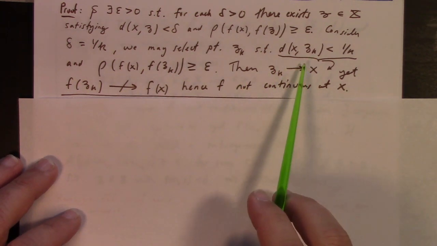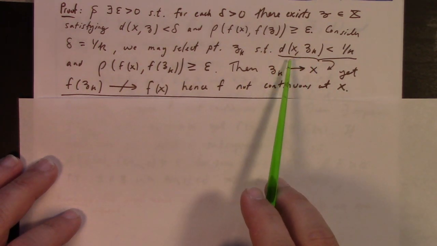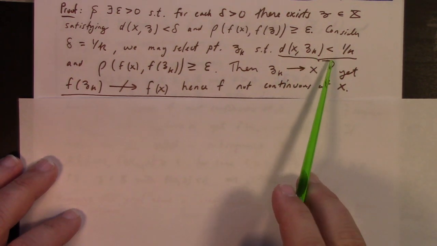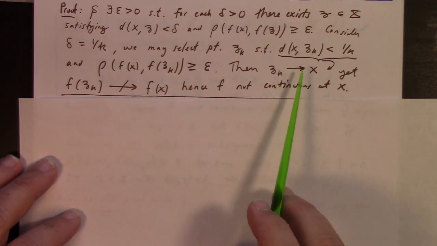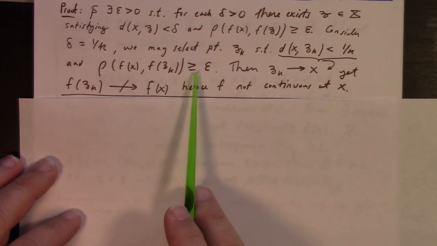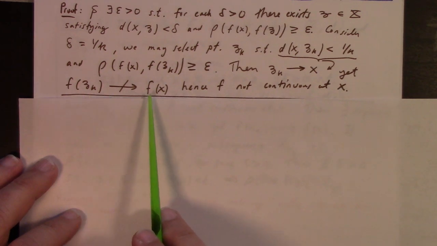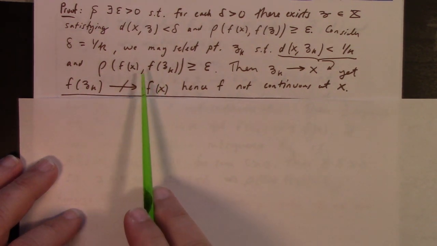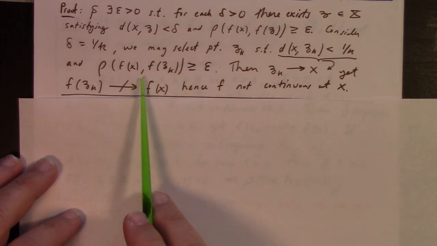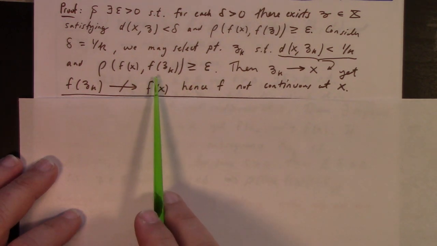Then clearly z sub k converges to x, because as k goes to infinity, 1 over k goes to 0, which means the distance between x and z sub k goes to 0, which is to say that z sub k goes to x. And yet, because of this criteria, f of z sub k does not go to f of x, because it's never getting close. It's always larger than epsilon, at least for this particular sequence.